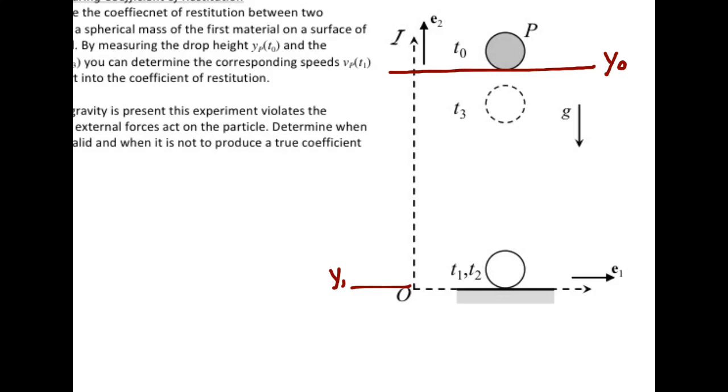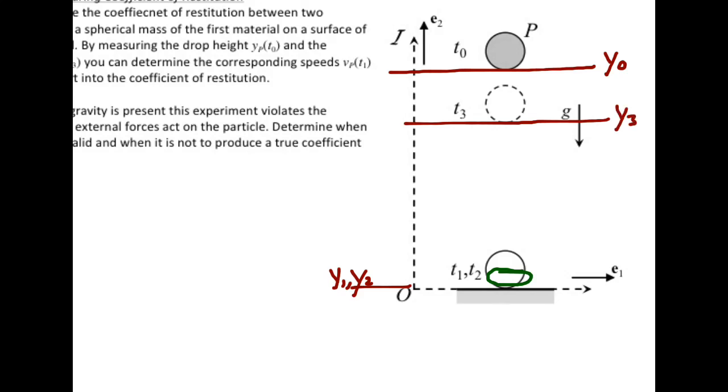The collision occurs, we have deformation, which flattens out, and then restitution. After restitution, we're at the same height, which would be y2. Then the particle is going to rebound, and it's going to come to a stop at time 3, and we'll call this height y3.